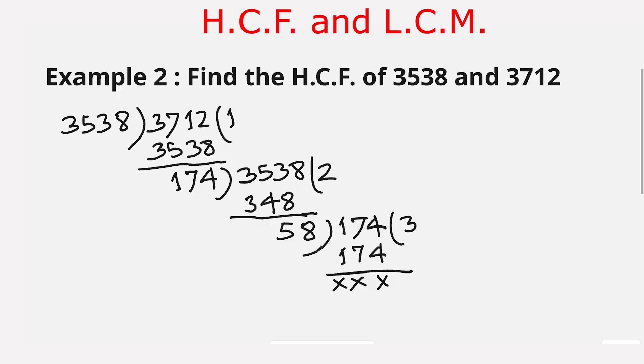The last divisor 58 is the required HCF. So the HCF of 3538 and 3712 is 58. I hope you have understood the division method of finding the HCF of two numbers.